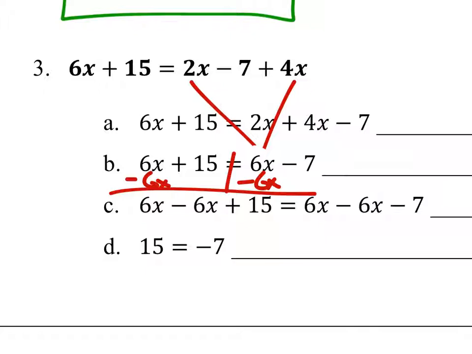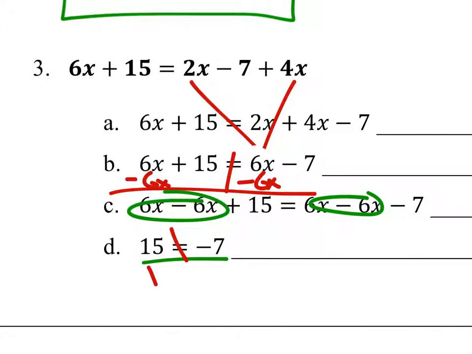After that, we get a 0 from here and a 0 there, which leaves us with 15 equals negative 7. Last time I checked, 15 is not equal to negative 7. That's false. Since it is false, instead of infinite solutions, it's no solutions.